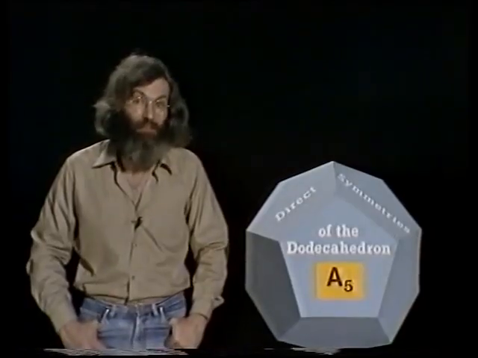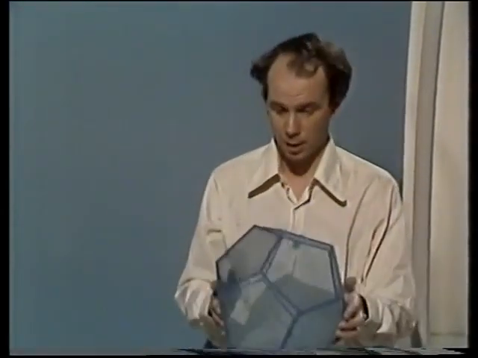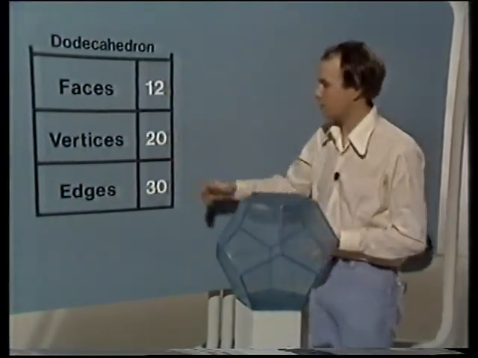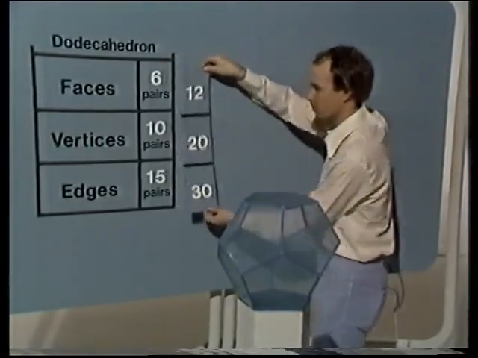What exactly is its geometric structure, and how does it relate to direct symmetries? Well, if you've done your homework, you should be pretty familiar with the geometry. You should have made a smaller version of this with the kit we sent you, and found that it's got 12 faces, 20 vertices and 30 edges. And you may have noticed that these come in pairs.